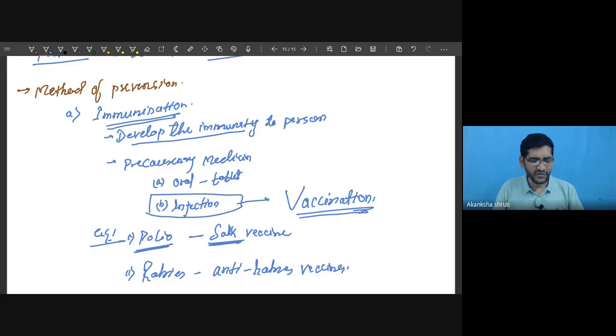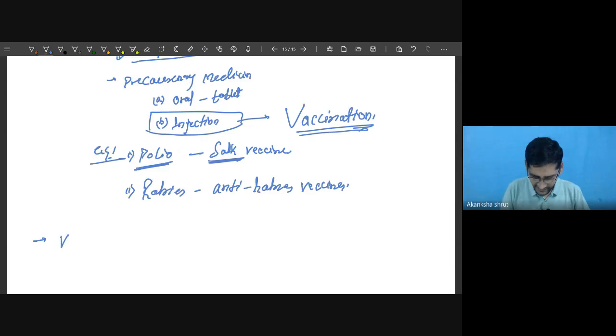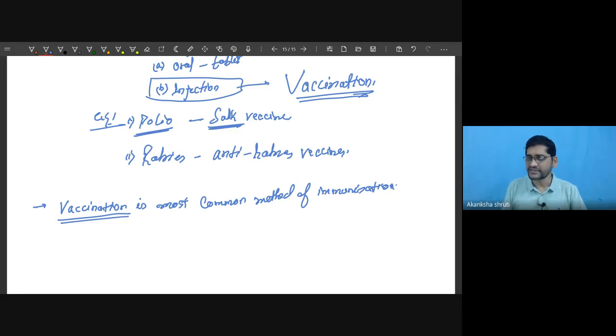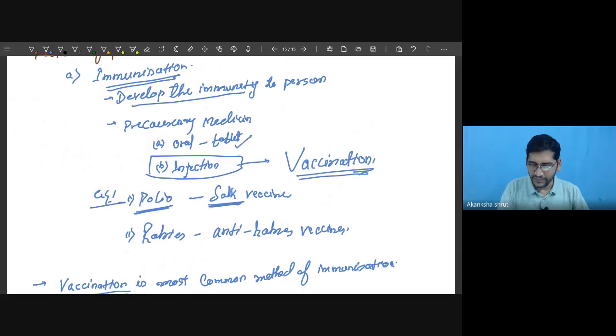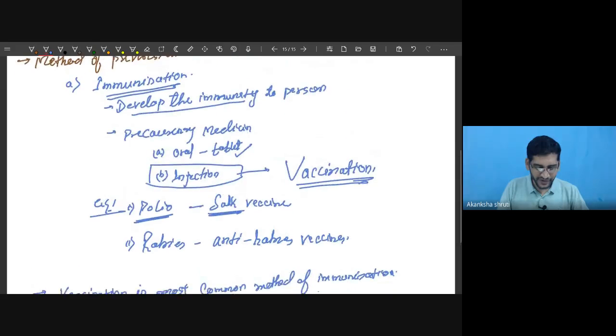Vaccination is now quite common. Vaccination is the most common method of immunization, where the effect or efficiency of the vaccine is much more than that of the oral means or giving the tablet. That's why vaccine is always preferred.